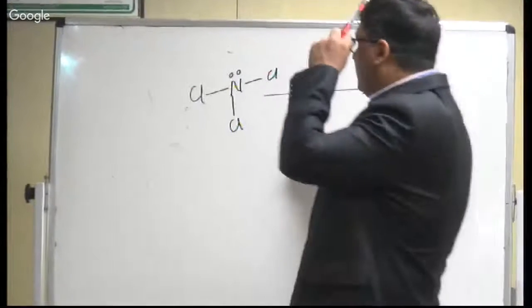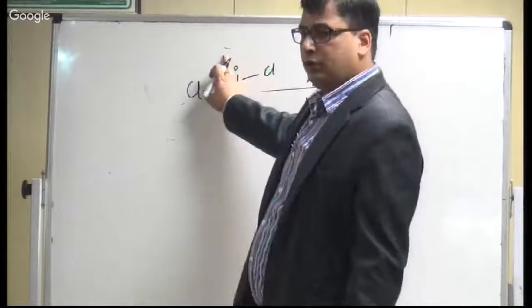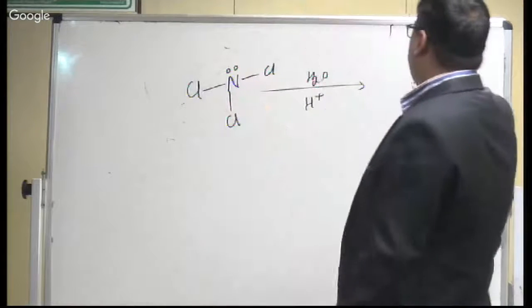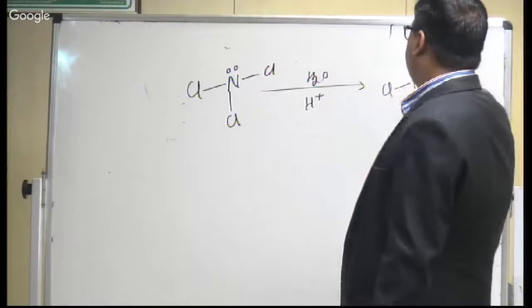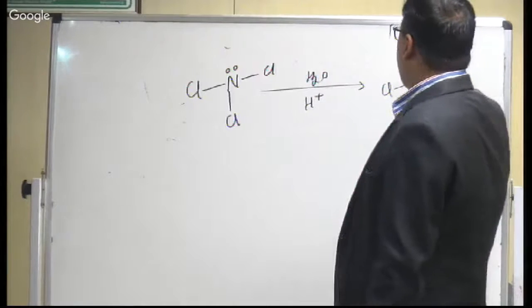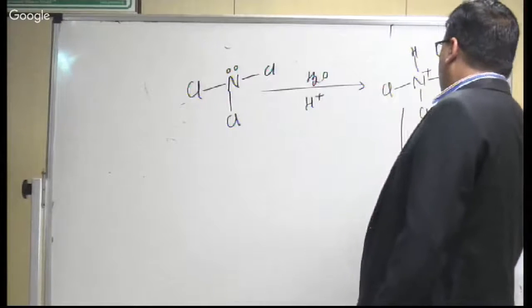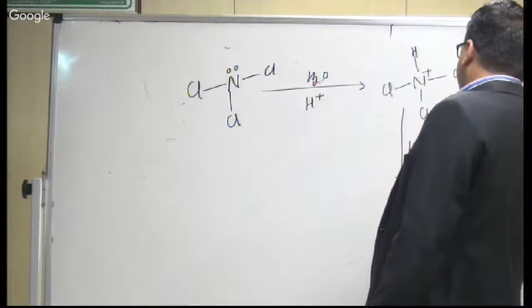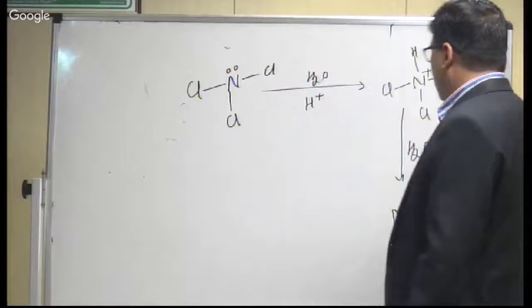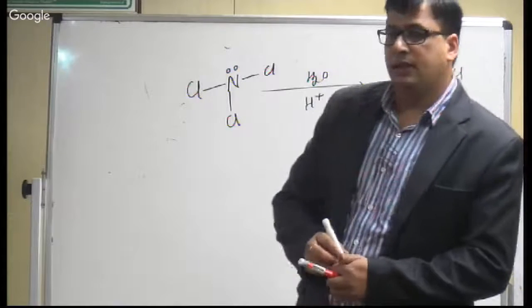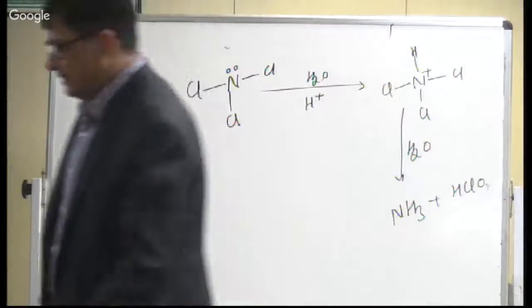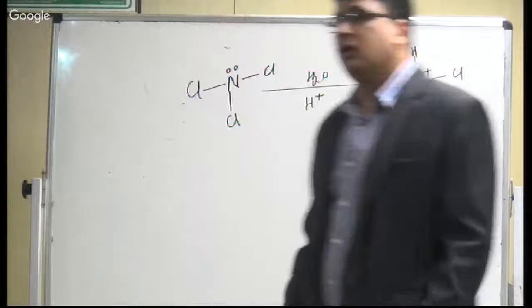So this H plus will first attack the lone pair. Now nitrogen gets a positive charge. Clear? Now, further adding water, all halogens are substituted. NClO, NClO2, NClO3, or in some cases NClO4 also form.